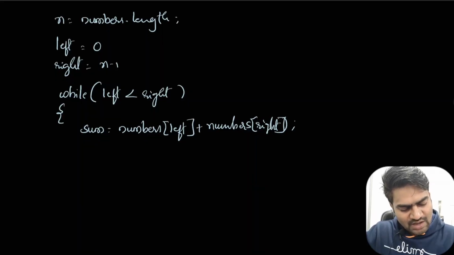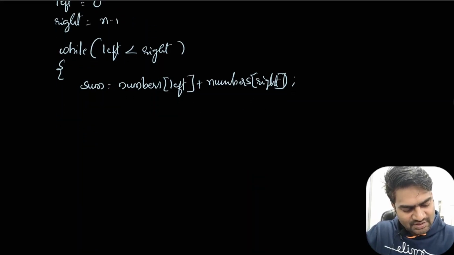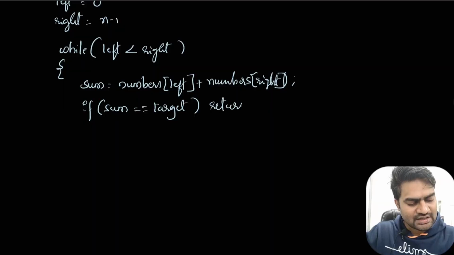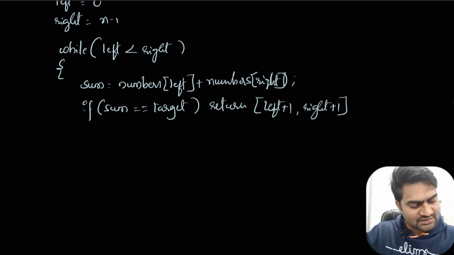Now what I will do, I will check if my sum is equivalent to target, then we got our pair. Then simply return array. So that will be left plus 1 because it's a 1-based indexing, and also comma right plus 1. Okay, so this gives us the pairs.